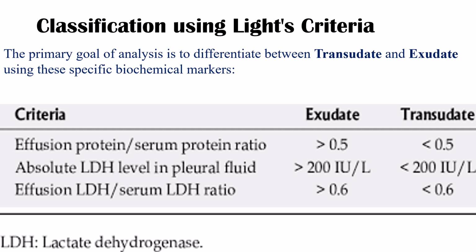Whereas effusion protein to serum protein greater than 0.5 is exudate, LDH greater than 200 is exudate, and effusion LDH to serum LDH ratio greater than 0.6 is exudate.